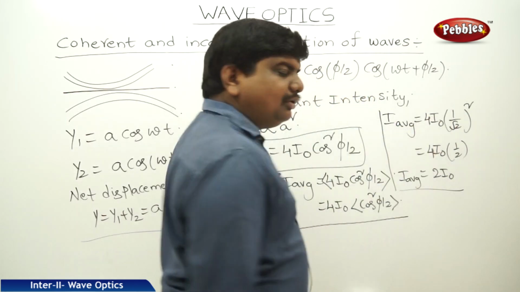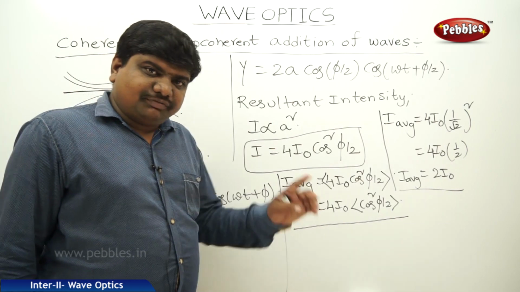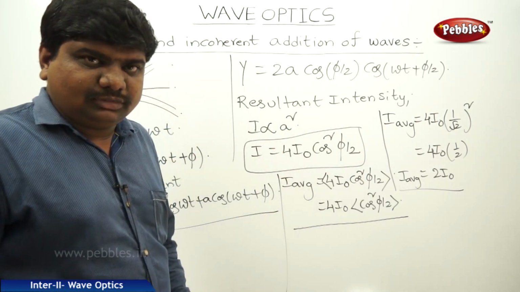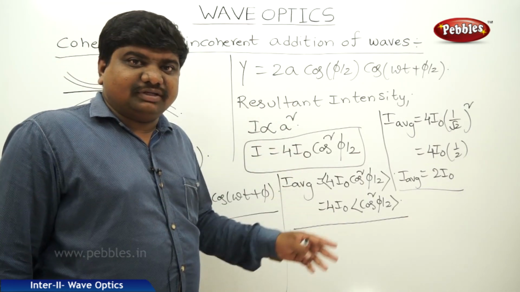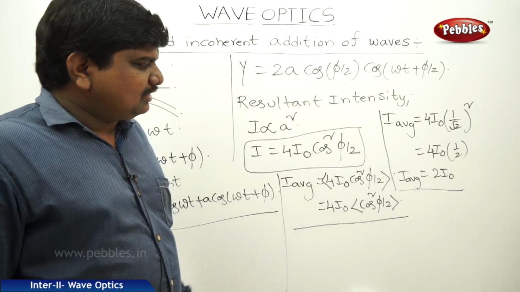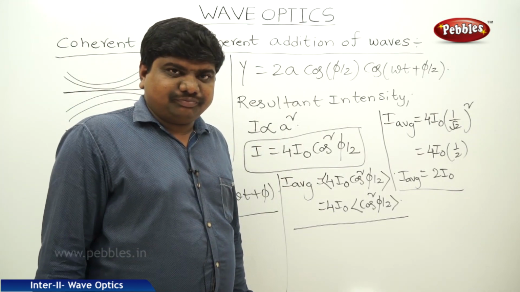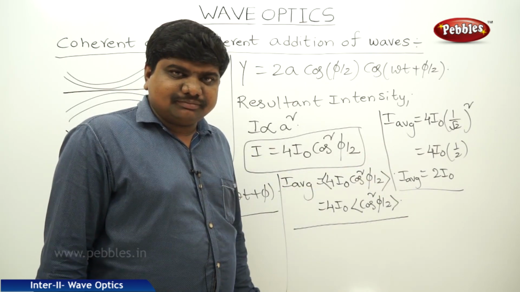So why has this 1 by root 2 come? Cos 0 is 1, cos 90 is 0. So for every quarter, the value goes from 0 to 1. Next, from 90 to 180 the values will vary from 0 to minus 1. So the average value of cos theta is 1 by root 2. So cos square phi by 2 is 1 by root 2 whole square. So 4 I naught into half, 2 I naught.